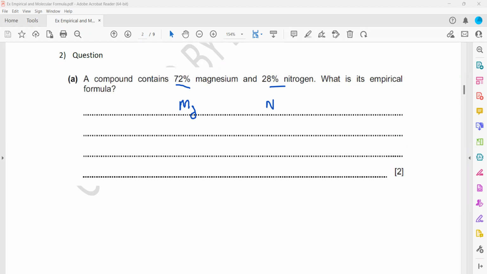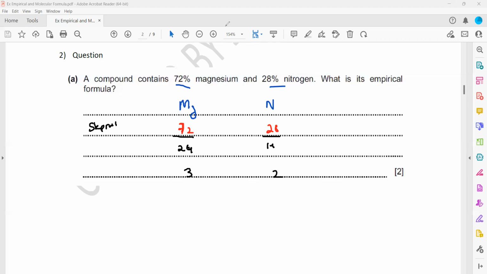So we have magnesium 72 and nitrogen 28. So we divide by atomic mass. Magnesium is divided by 24 and nitrogen is divided by 14. That is step number 1. So this will be 3, this will be 2.